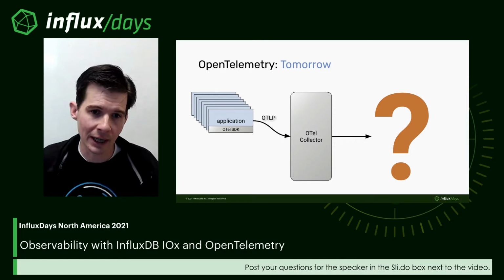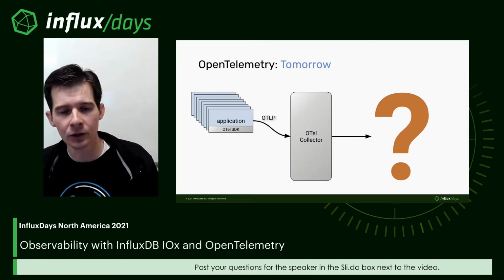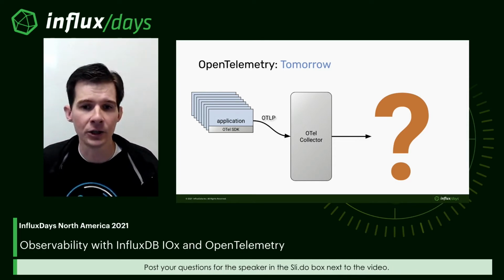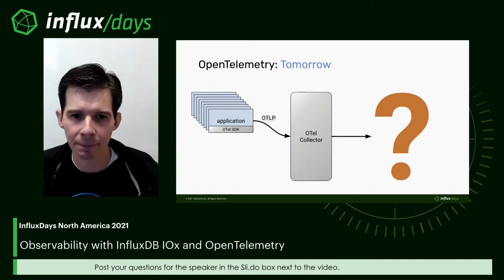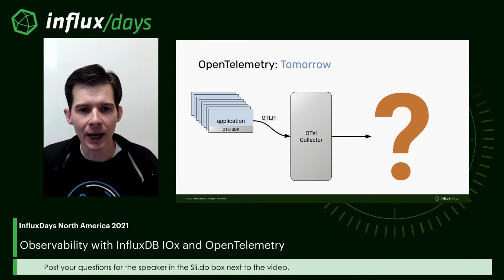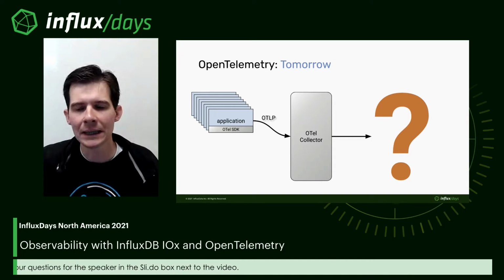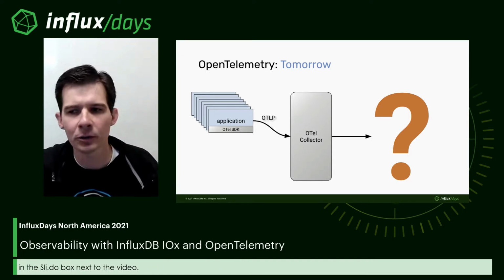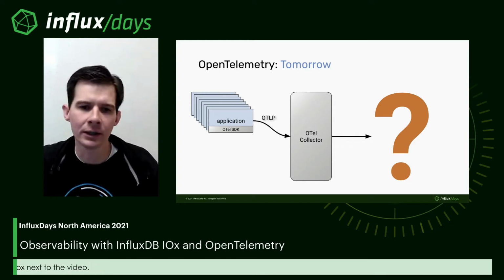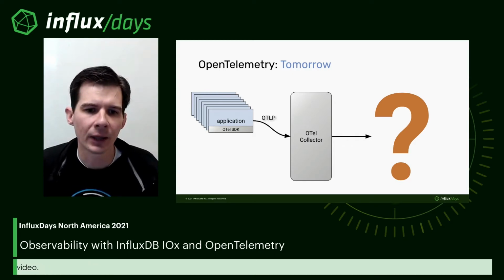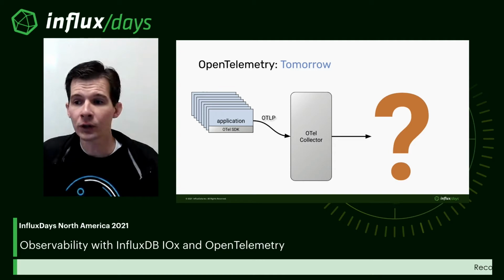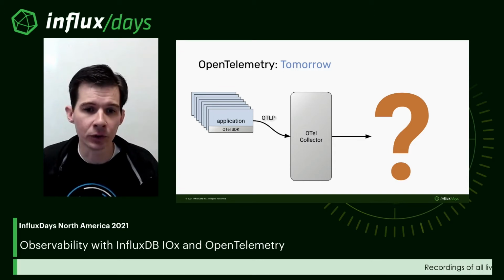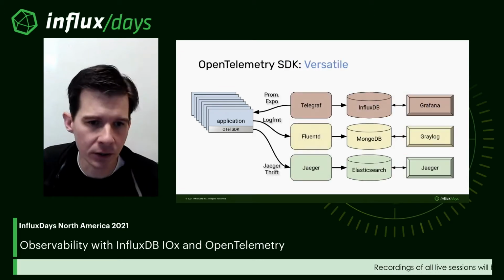We send those messages via gRPC to an agent, and that agent is called the OpenTelemetry Collector. And now we have this nice stream of observability signals with a single implementation, a single instrumentation, a single stream of data, a single collector. But where do we put those signals and how do we observe them is the big question.